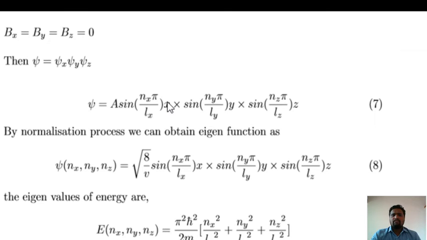By using the normalization process, we can get an expression for the value of A, that is equal to root of 8 by V. Then the wave function becomes psi of nx, ny, nz is equal to under root of 8 by V sin(nx pi by lx into x) into sin(ny pi divided by ly into y) into sin(nz pi divided by lz into z).